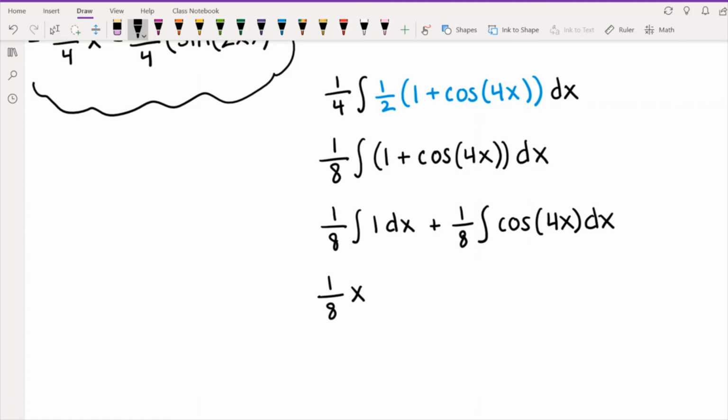Because the derivative of sine of 4x would be 4 times cosine of 4x. And so we need that 1/4 to counteract that. And so we're going to have 1/8 times sine of 4x over 4, and then we should throw in the plus C because we didn't do that earlier.